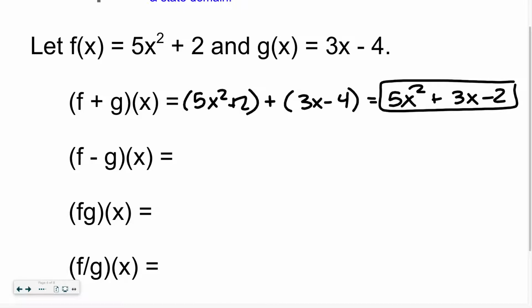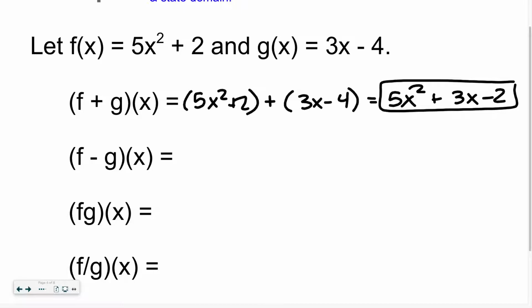That's f divided by g. So what is it asking you to do? I would write it out. Write this one times the other, right?